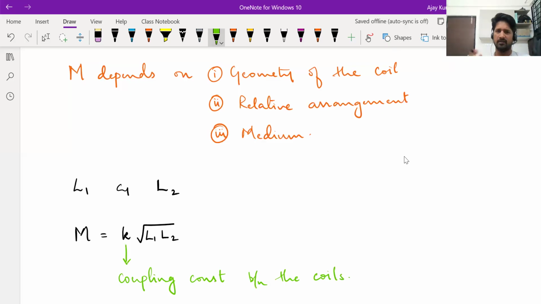Current in one coil produces a field, so that field produces flux in the second coil. All the flux in the first coil may not go through the second coil. So how much of the flux produced by the first coil actually goes through the second coil? K depends on that. That's called the coupling constant between the coils.